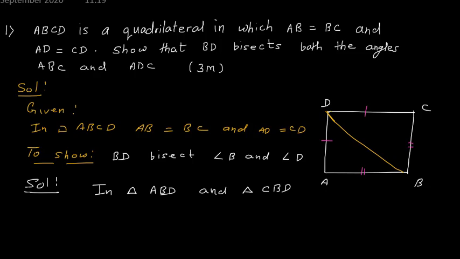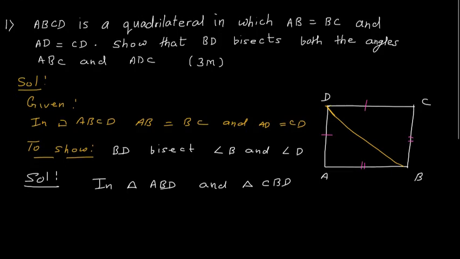Correspondence I have to keep in mind. Next important thing is that I have to show that this BD bisect angle D as well as angle B. That means I have to show that angle ABD is equals to angle CBD. Similarly, angle ADB is equals to angle CDB. That means if I am able to prove that this triangle ABD and triangle CBD, they are congruent, then I can prove their corresponding parts equal. Therefore, I have taken these two triangles.